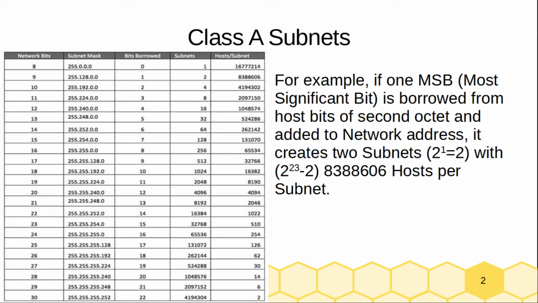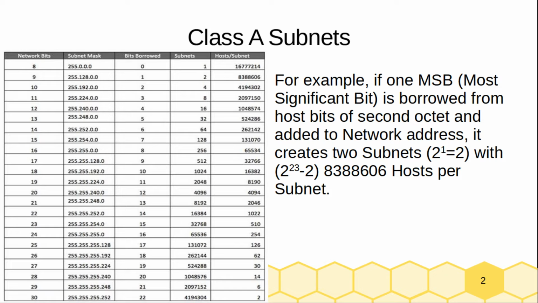For example, if one MSB, most significant bit, is borrowed from the host bits of the second octet and added to the network address, it creates two subnets, which is 2 power 1 equals 2, where n is the number of network bits, also known as on bits. The host bits, also known as off bits, give 2 power 23 minus 2, because we have to reserve the network ID and the broadcast ID, which will be 8,388,606 hosts per subnet.